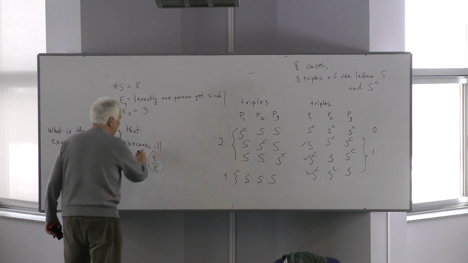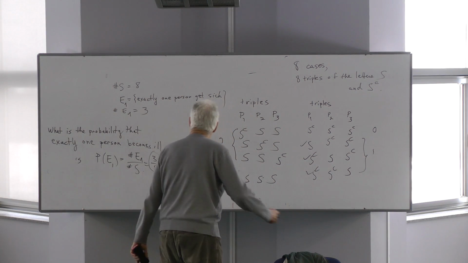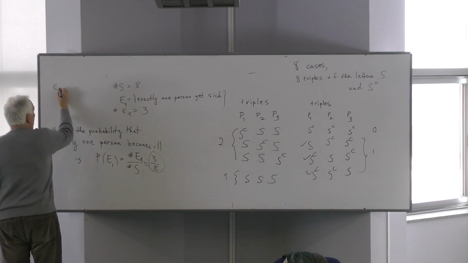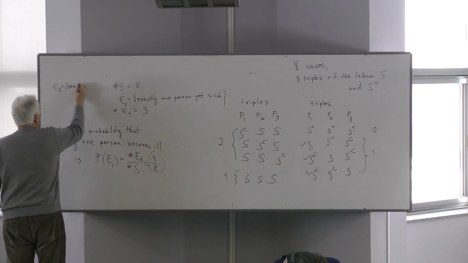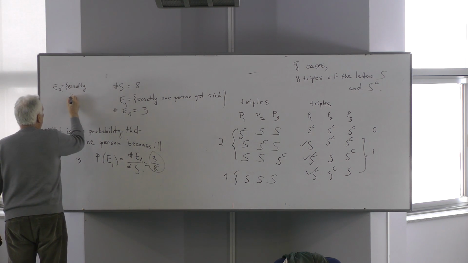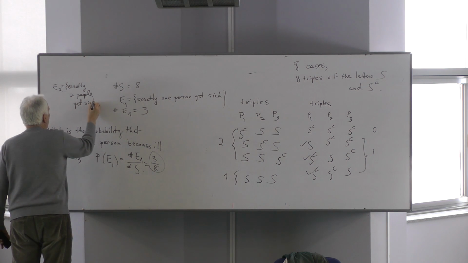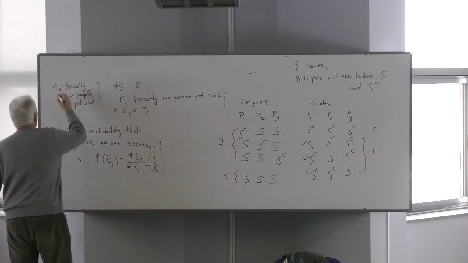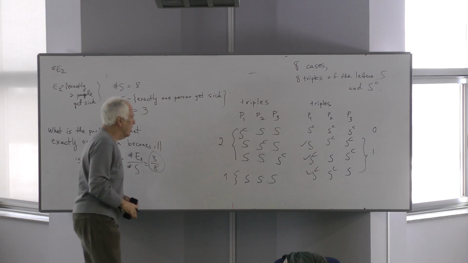Got it? Okay, now what's the next one? Two people get sick. What is E2? Let's count the number of elements in E2. Where are they? Two S's.